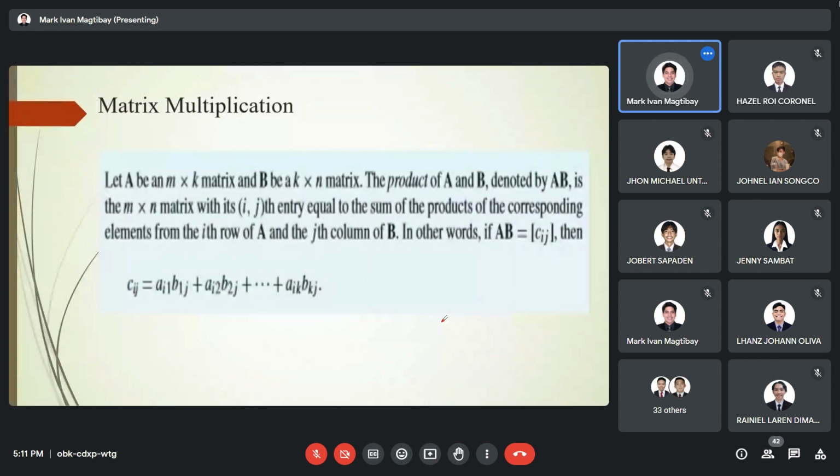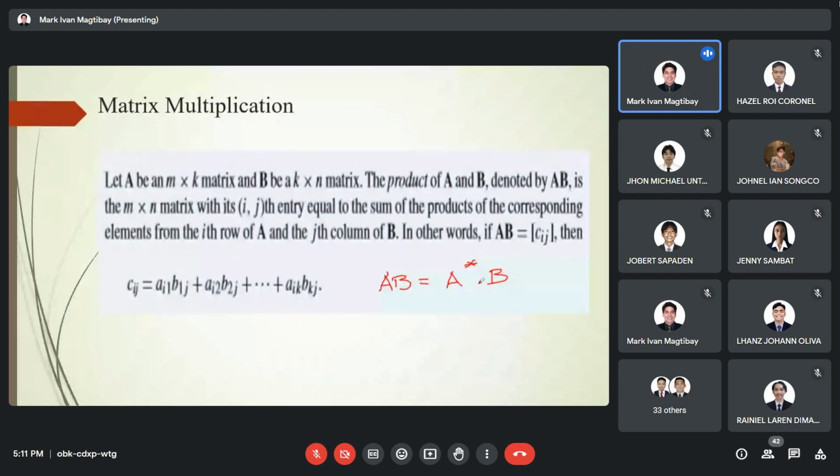Paano naman po sir yung multiplication naman po natin? Let A be M times K matrix and B be K times N matrix natin, that the product of A and B denoted as AB po itself. So meaning to say, if nakakita po kayo ng letters na magkatabi po, let's say A and B, yan daw po ay matrix A times matrix B itself na po.